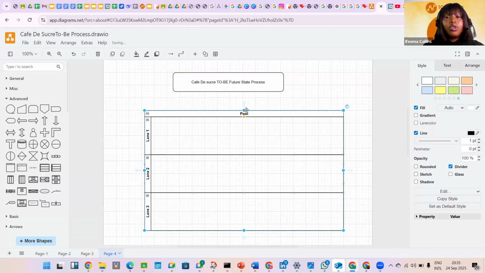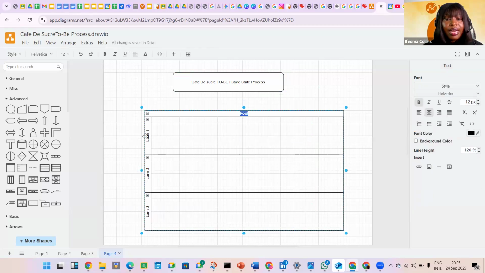Now we're going to name this here. Let's even leave this. Now we have the customer, so you name the customer, and then which other stakeholder do we have? We have the cashier, right?